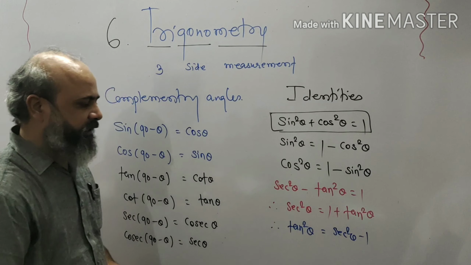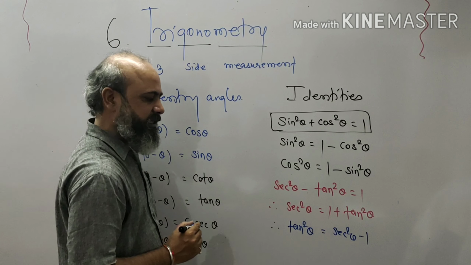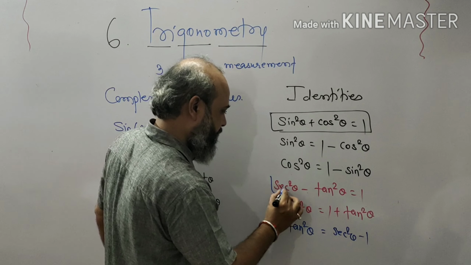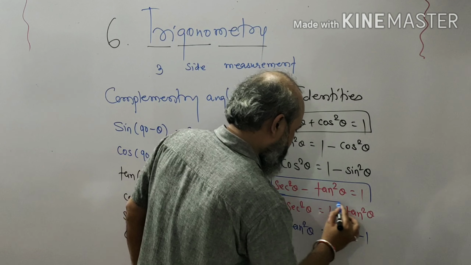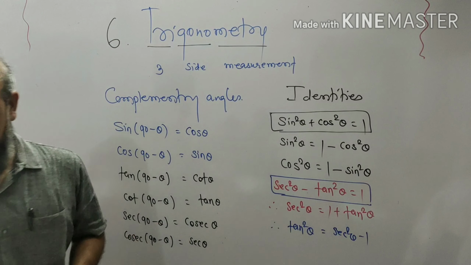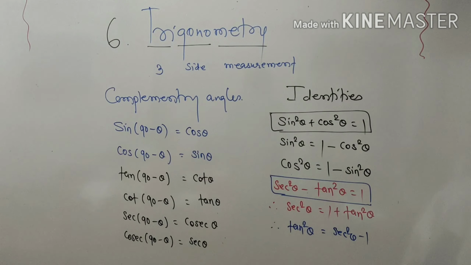So you will get tan square theta is equal to sec square theta minus 1. Clear?